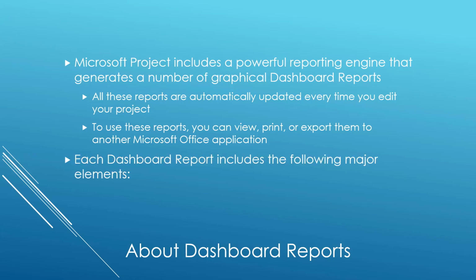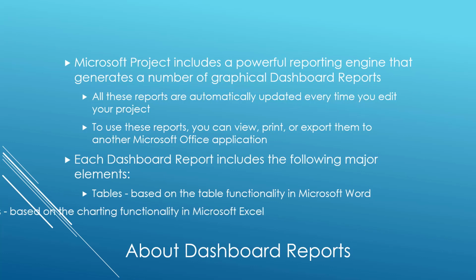Each dashboard report includes the following major elements: tables that are based on the table functionality found in Microsoft Word, and charts that are based on the charting functionality found in Microsoft Excel.